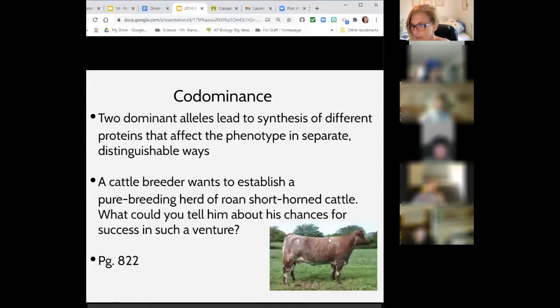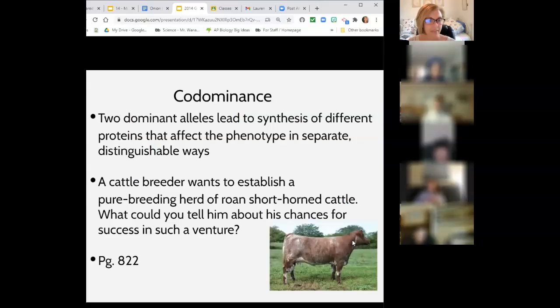So a classic example is the roan coloring in agriculture, like horses are roan, cows are roan. So you can see in this picture, some of the hairs are white, and some of them are red.